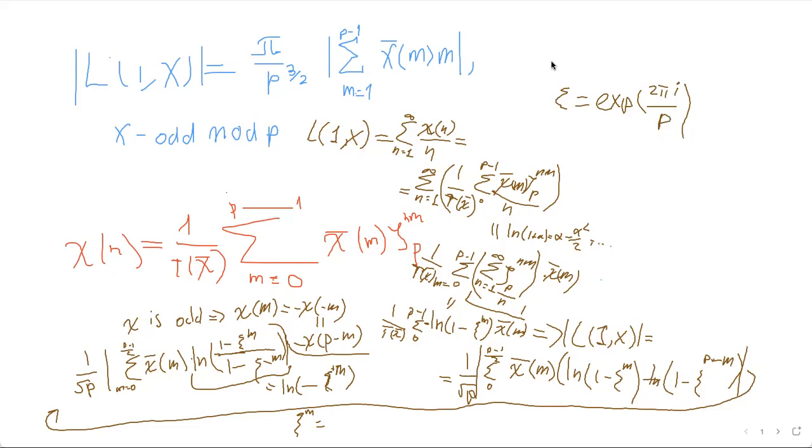So if we raise it to the m's power, it will be exponent of 2 pi I multiplied by m over p. And the question is, does it mean that this number is the logarithm? You also have a minus. I just write it zeta to the m.